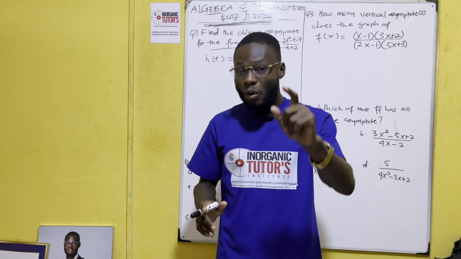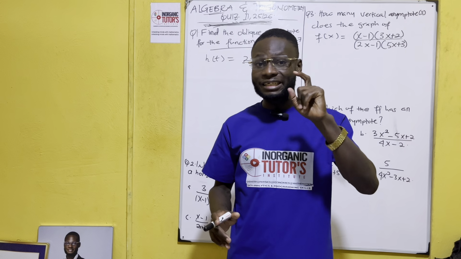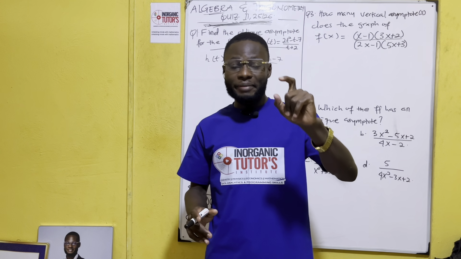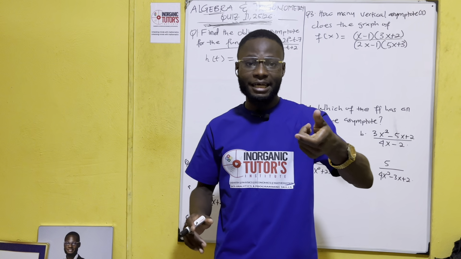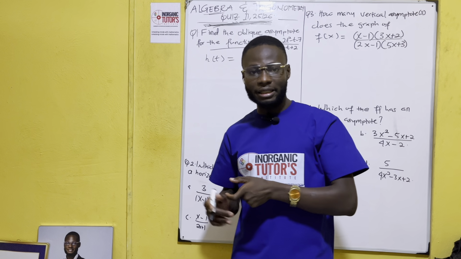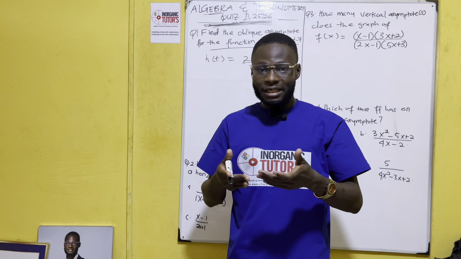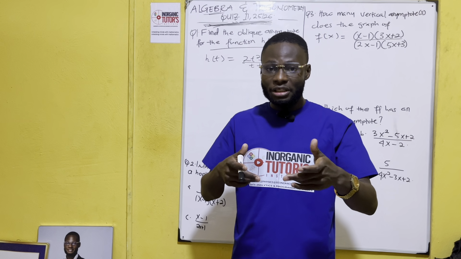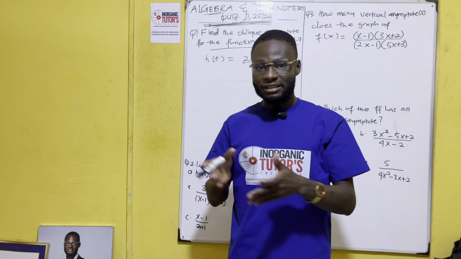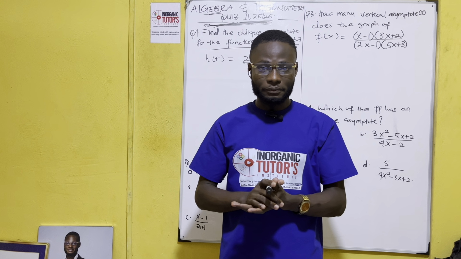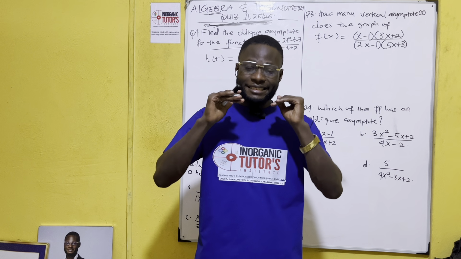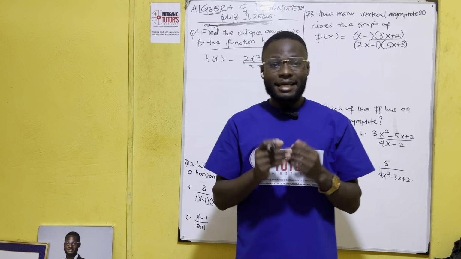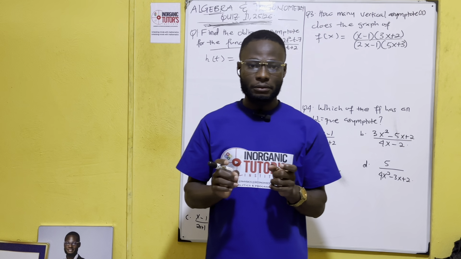But first, check if you can factorize the numerator or the denominator, so that if there is any cancellation, you cancel it out before you set the denominator to 0.